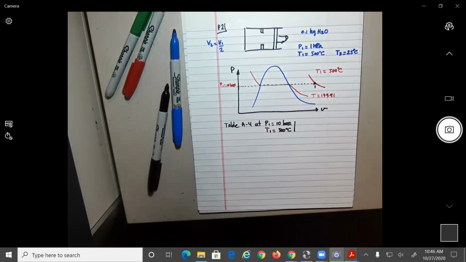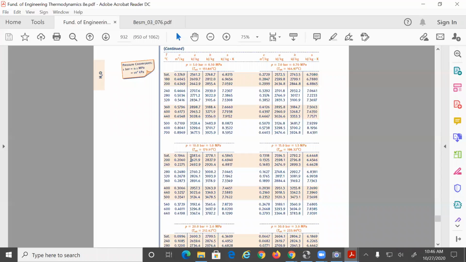We get the specific volume, V1, which would be 0.3541. And now, when we are dealing with a closed system, do we need to talk about H or U? We talk about U, no? So U will be 3,124.4.